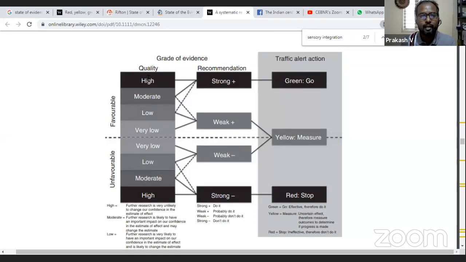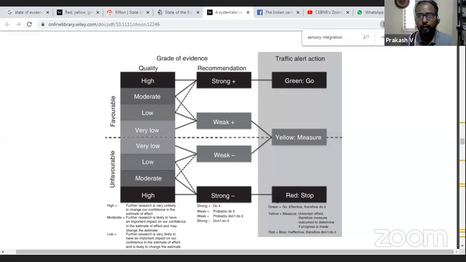If you have high and moderate quality evidence suggesting it's favorable, then they give green. Similarly, if you have high and moderate quality evidence suggesting unfavorable, then they give red. Anything in between goes yellow.